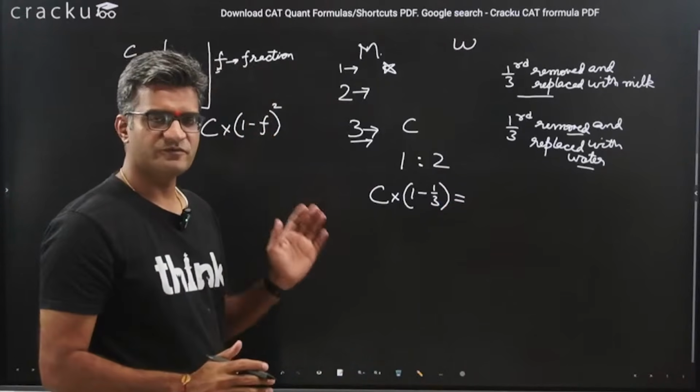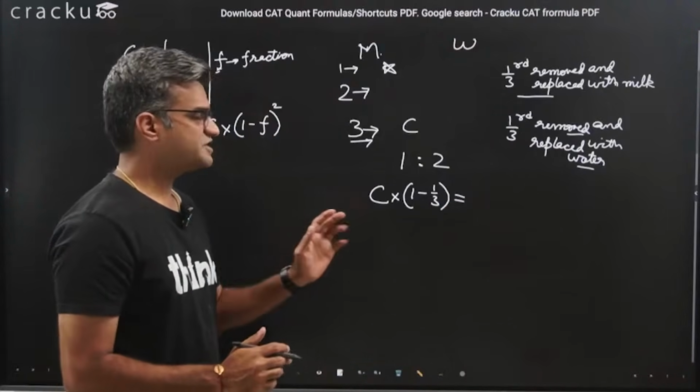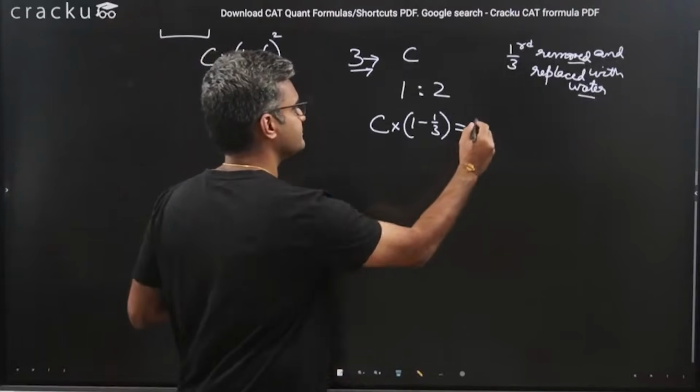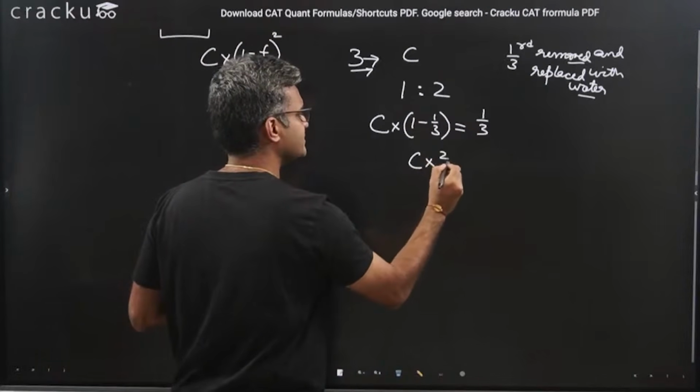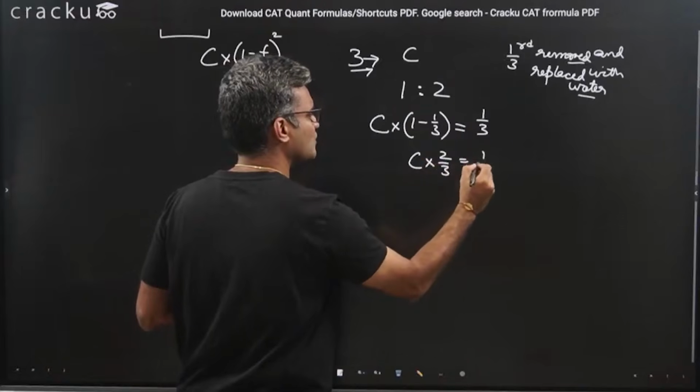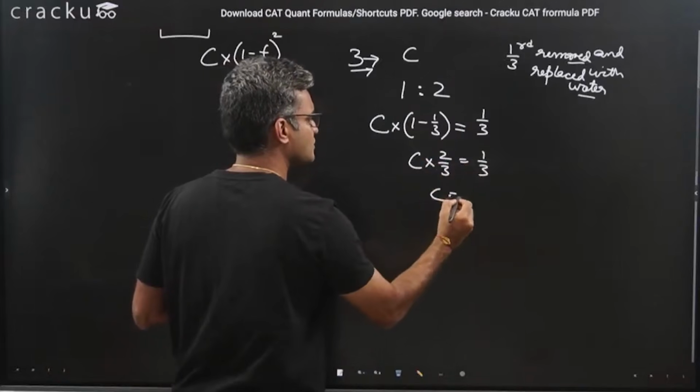Milk and water are in the ratio of 1:2, so the concentration of milk becomes 1 by 3. So, C into 2 by 3 is equal to 1 by 3, or C is equal to 1 by 2.